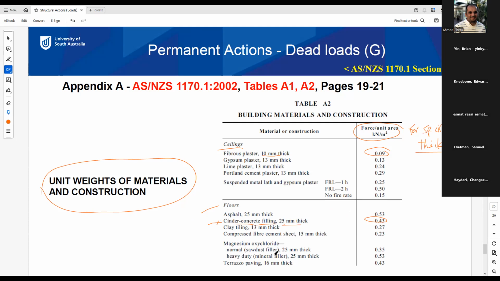So you don't need to memorize anything. If you use something in the project, in the final exam or in the tutorials, we will be referring to the standard, or maybe in the exam it will be given to you, but you don't need to memorize anything. Okay?